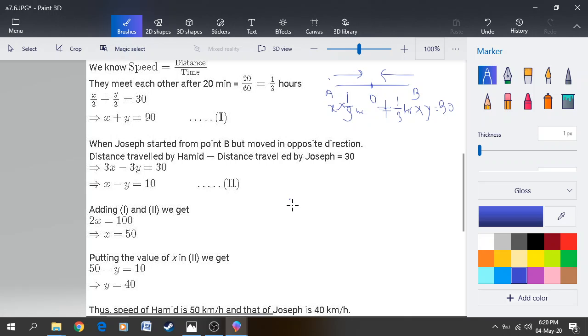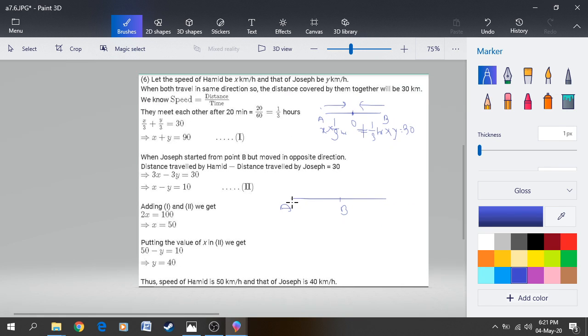Understand it carefully, okay? Suppose here is A, here is B. Now what happens is Hamid, who is traveling x kilometer per hour, goes A to B. But Joseph, instead of going to A, he also travels far from A, means opposite direction, right?